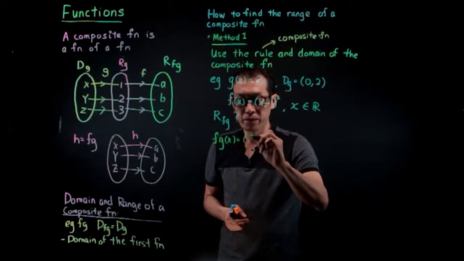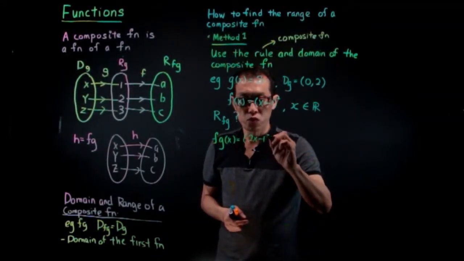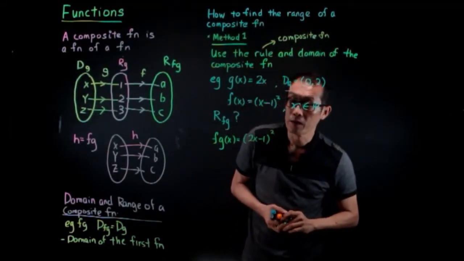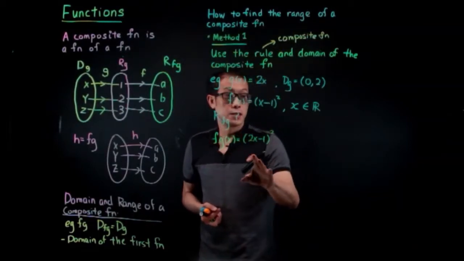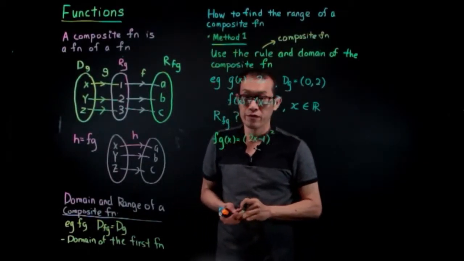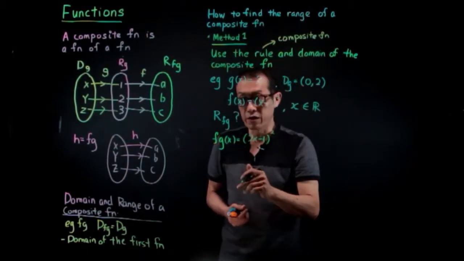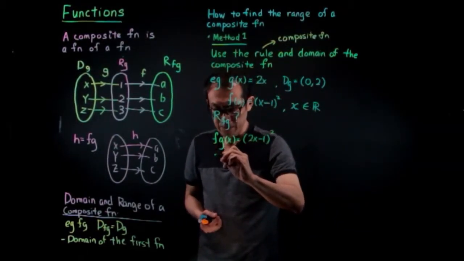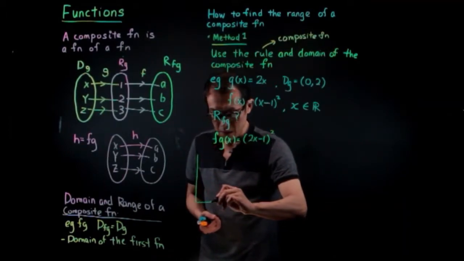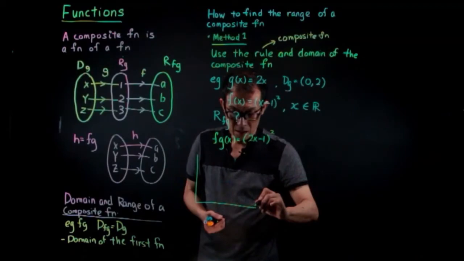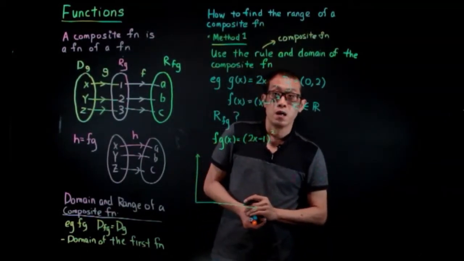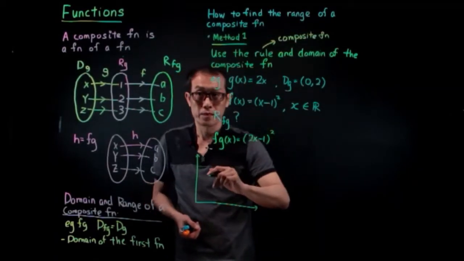So I will have (2x minus 1) whole thing squared. Now let me draw the graph of fg.